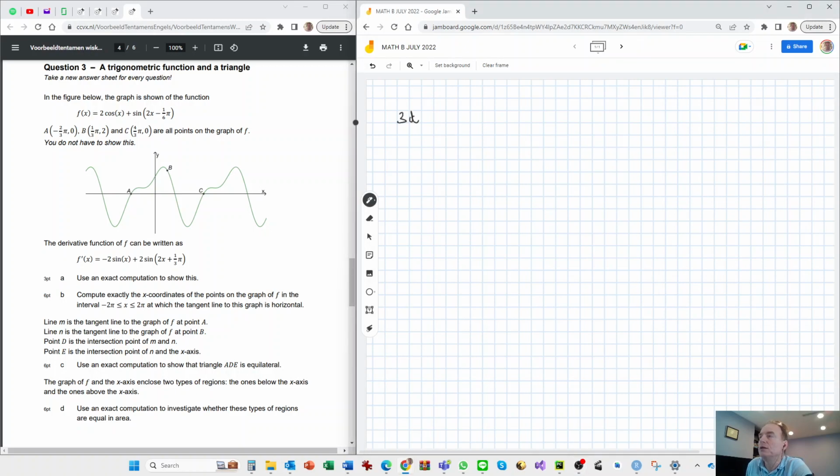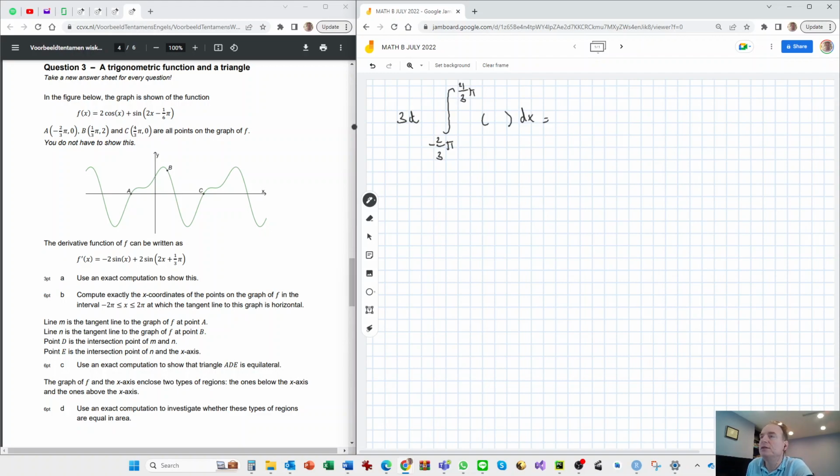So let's calculate the integral from a to c. Again, that's one period, 2 pi. Minus 2/3 pi to 4/3 pi of that function, and we need to find the primitive.